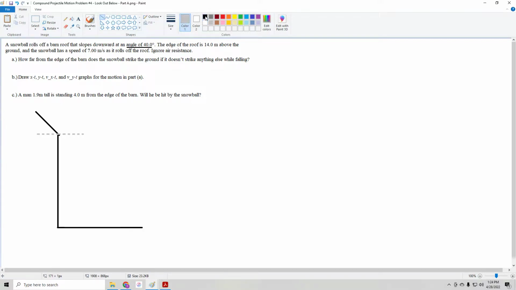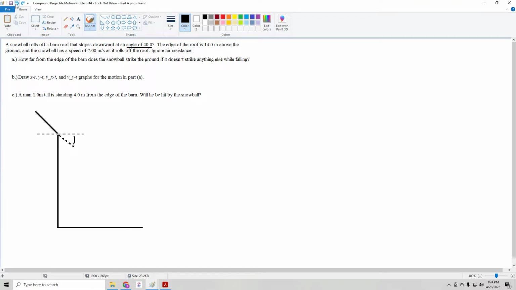And if I kind of extend the line of the roof, perhaps like this, and I do the same thing where I kind of chunk it out because it's not actually a real extension of the roof, I'm going to call this angle here our downward slope.